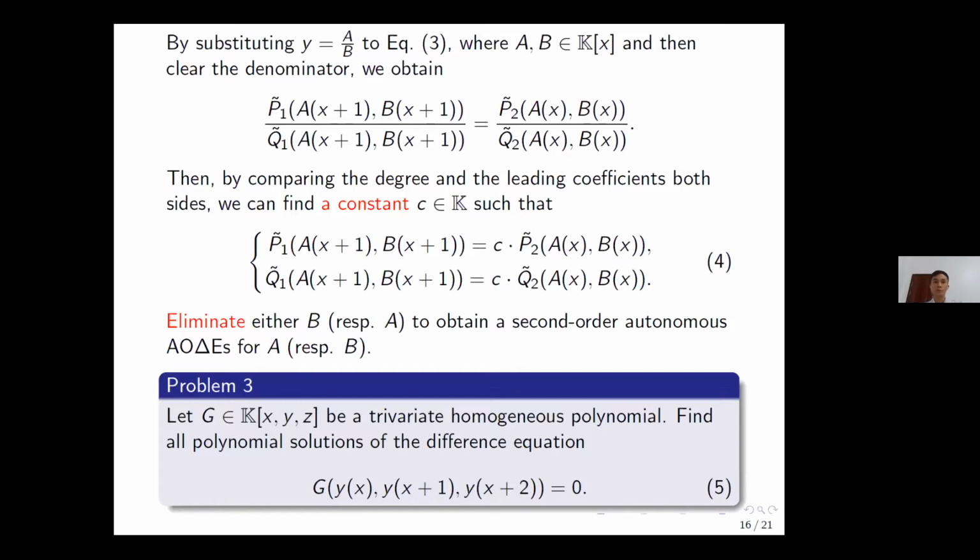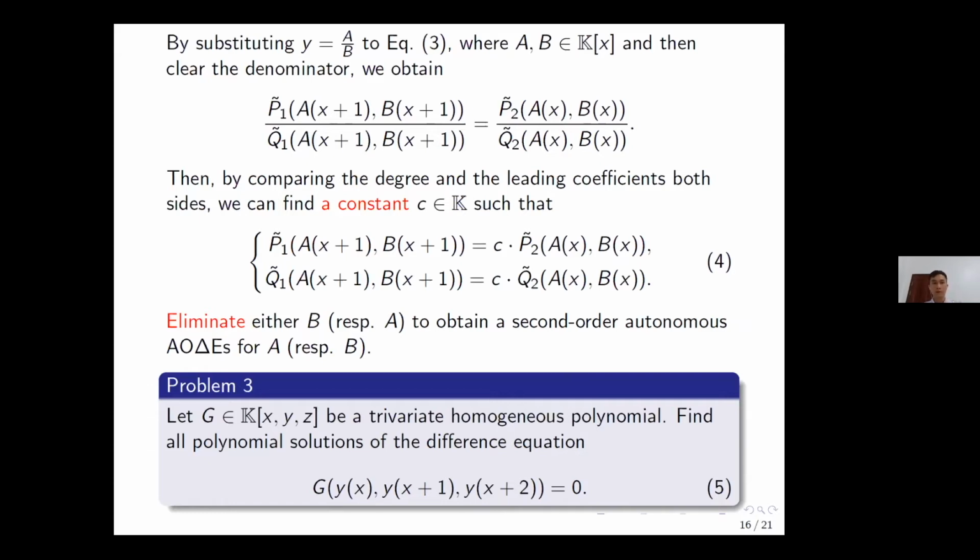And after we obtain system 4, it now contains two unknown functions a and b. We can use the elimination technique in differential algebra to eliminate one and keep the other. And then we obtain a single second order autonomous AOΔE for each of them.